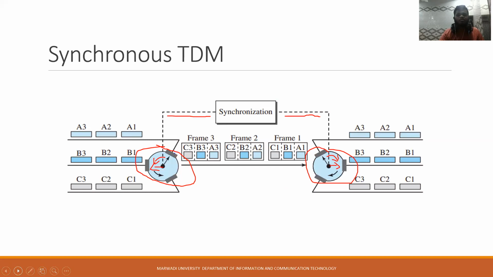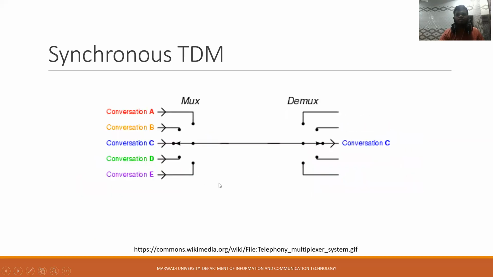So we'll move forward. This is a little animation which shows the rotation of the switches, and both rotate at the same time but in opposite directions. So the output would be received only by the intended receiver, so conversation A should be sent to the person A is connected to.